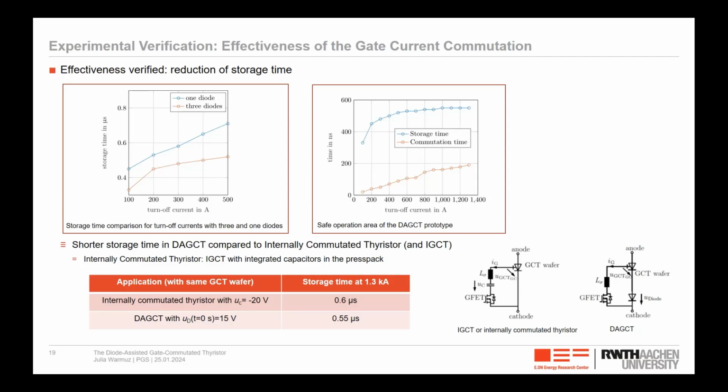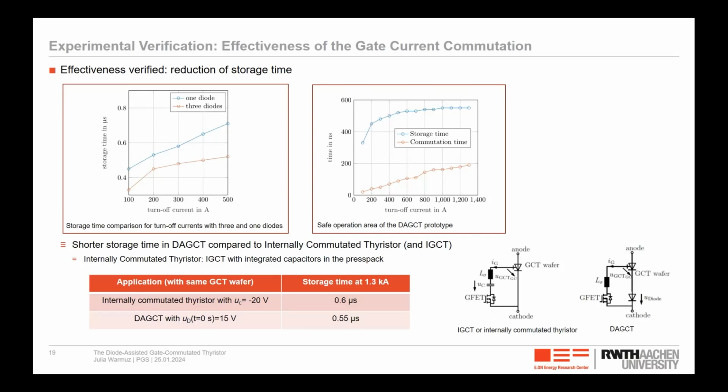We also have a pre-charged capacitor in the gate commutation path, but in the ICT, this capacitor is integrated directly under the wafer, and we had a very small stray inductance. The exact same wafer was used as in my prototype, and also just the inner part was contacted. So that was a very good way to compare both turn-off mechanisms.